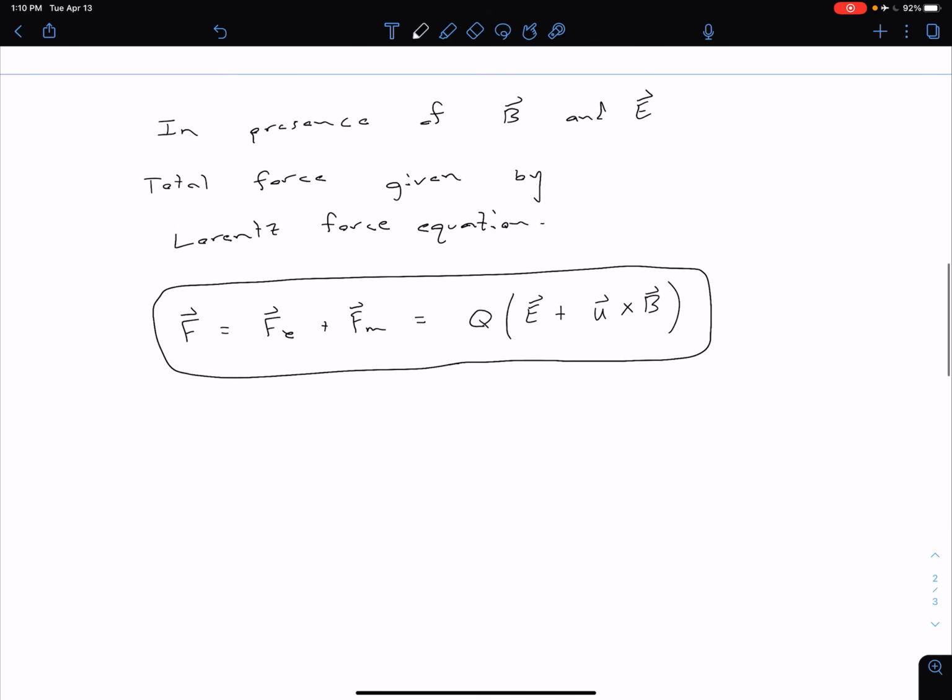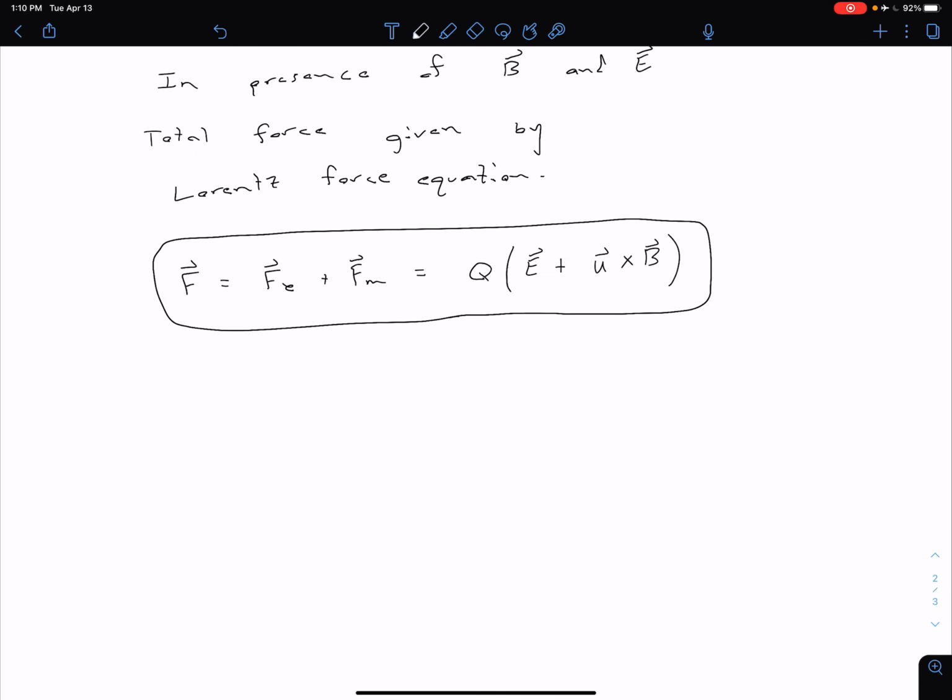Another thing to note, which we'll see a little bit later on in some examples, is that typically our magnetic force is going to be small compared to our electric force. So typically our F sub m is going to be small compared to our F sub e. The one exception is as this velocity term gets higher.